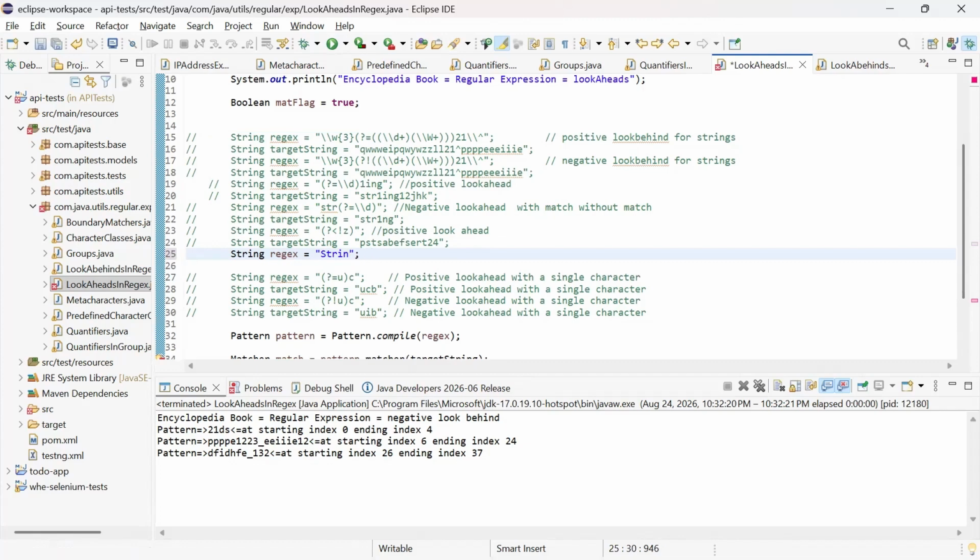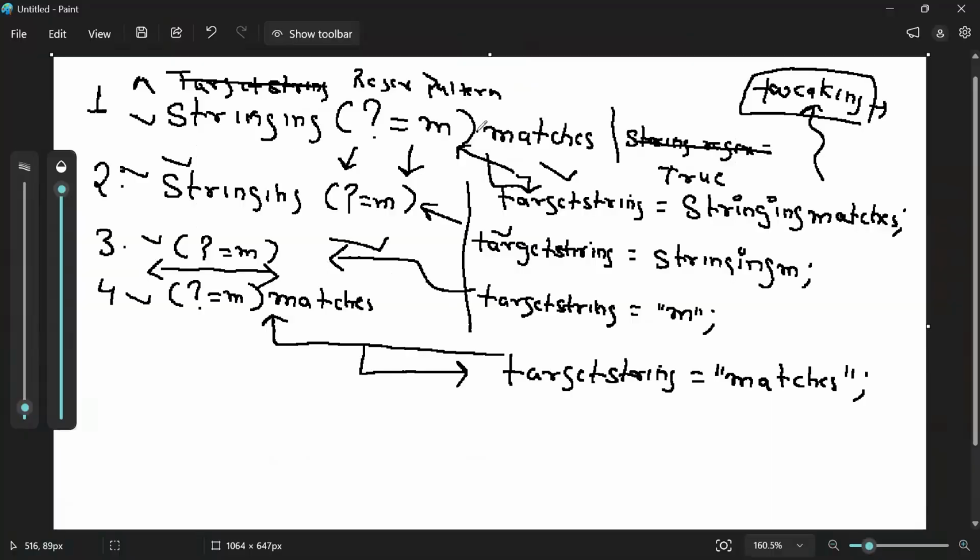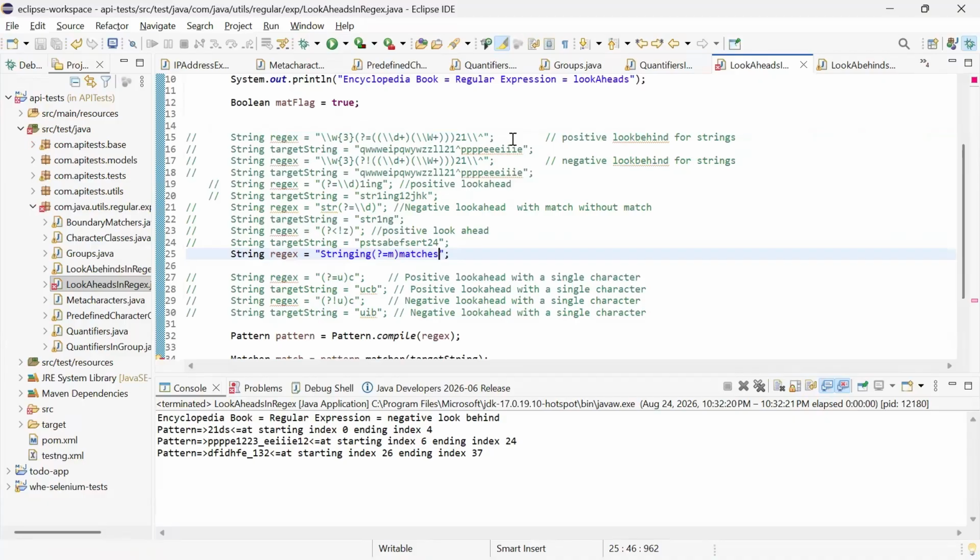This is the example string, "stringing", and then we have an expression here: question mark equals to, and I have M here. So I'm saying if it matches M, this is the expression. And here we have "matches". This is the regex we have.